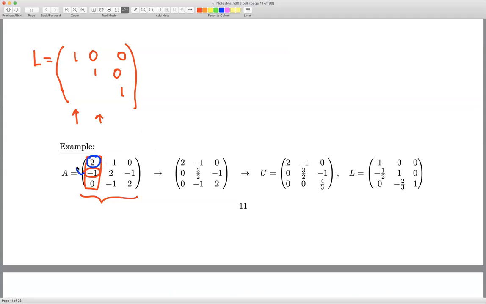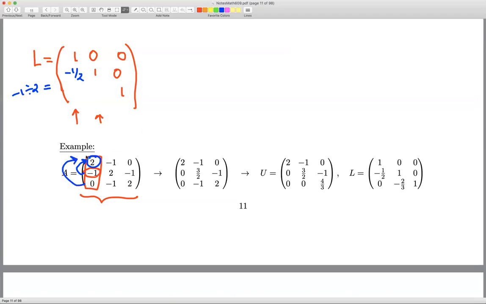So we have this element divided by the pivot, and we put it in position 2,1. So we have minus a half, which is equal to minus 1 divided by 2. Then in this position, we take the element that stays in the same position in the original matrix A and divide it by the pivot.